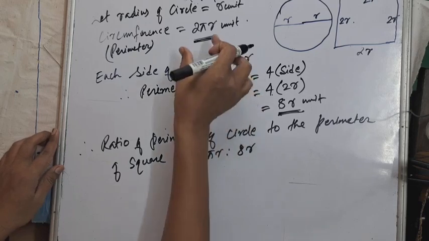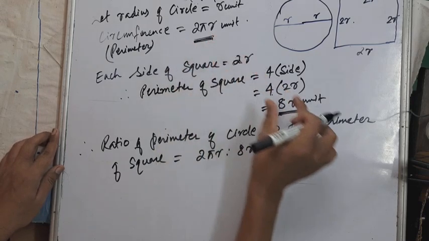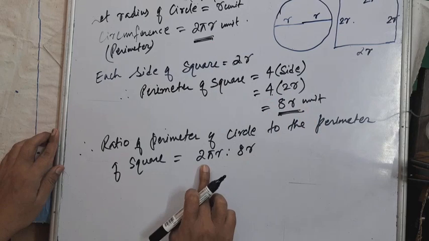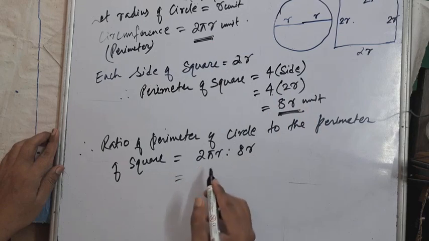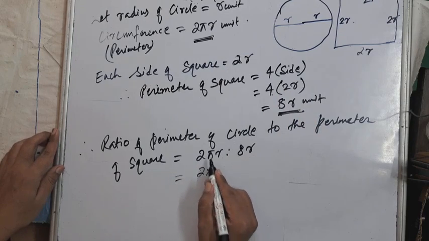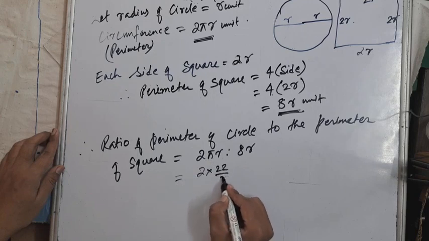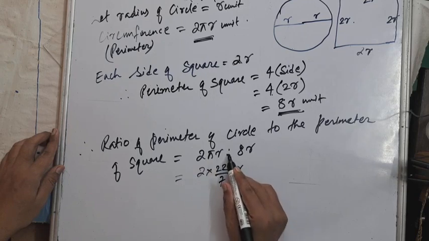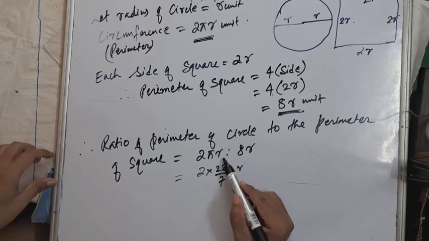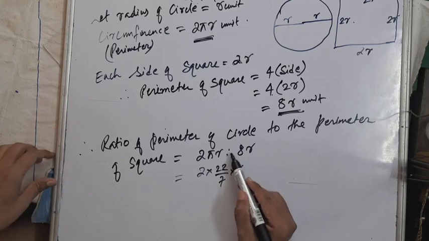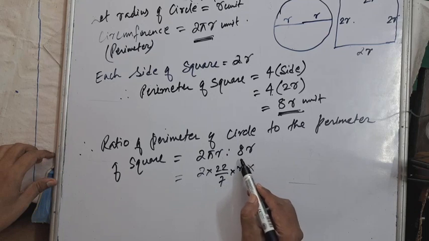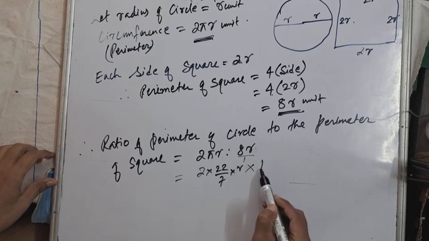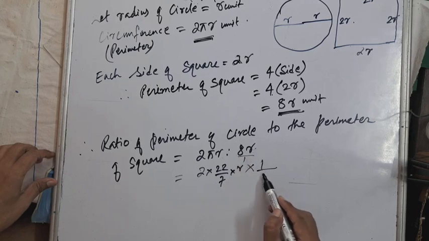Ratio of perimeter of circle to the perimeter of square, 2 pi r is to 8r. So this is 2 pi means 22 by 7 r. Is to means we can assume this as division. So when we change this division to multiplication sign, we have 1 in the denominator of 8r. This 1 goes to the numerator, and this 8r will come down to the denominator, isn't it?